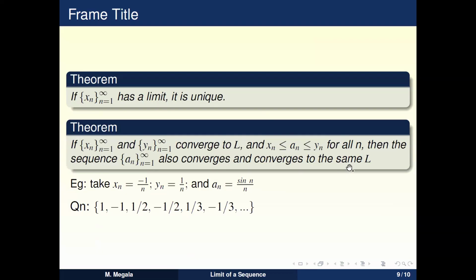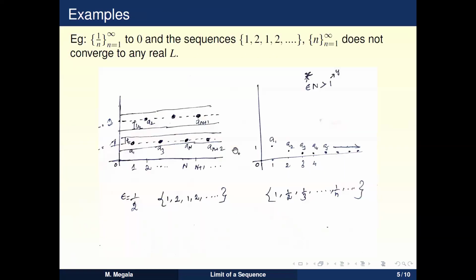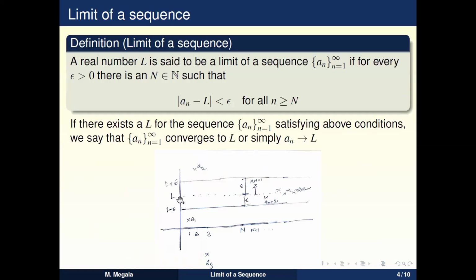Why is it so? Because xn converges to L, and yn also converges to L. From the graph we can say there is a line L, and these xn's are converging. This means that after some n1, the xn entries are inside this neighborhood. yn also converges to this L, so after some n2, all these yn's are inside as well. Take the maximum, so all xn and yn are inside the same neighborhood.